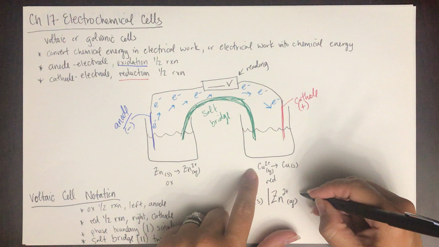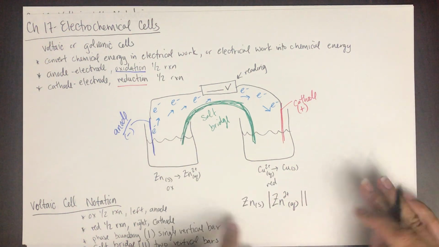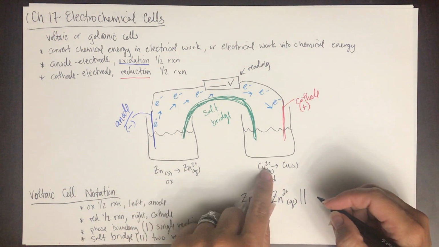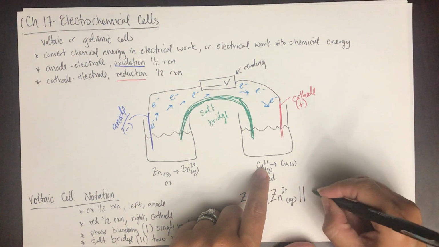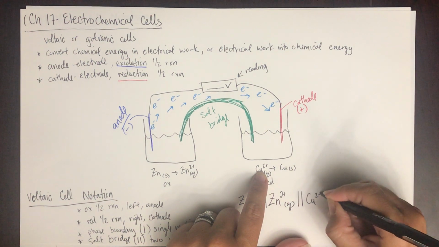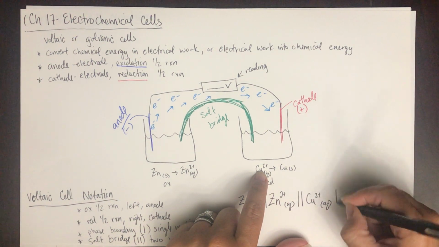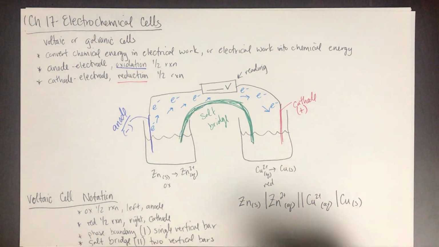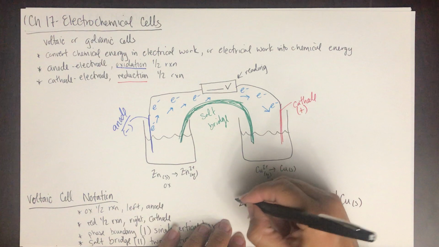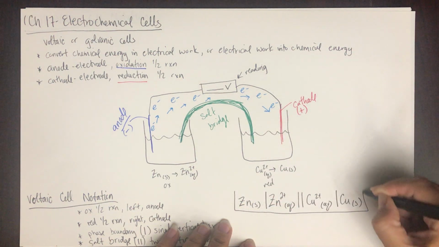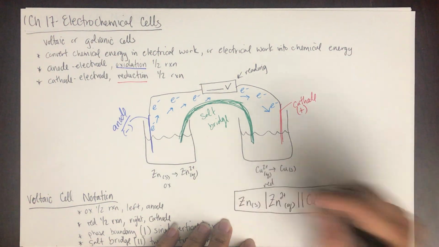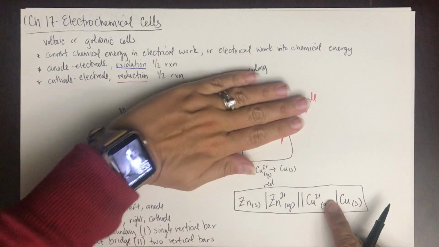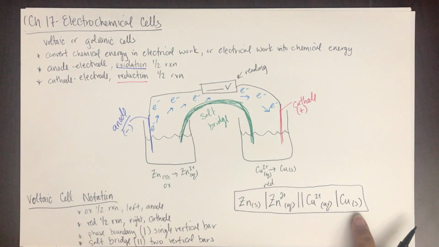Next we have the salt bridge, so it's a double bar. Then I have copper 2+ aqueous, single bar, phase boundary, copper solid. This expression represents everything that's in this picture.